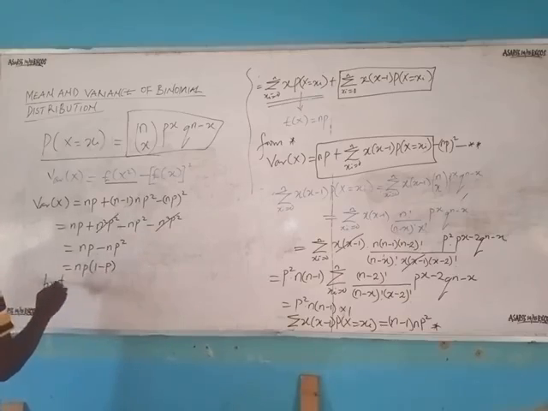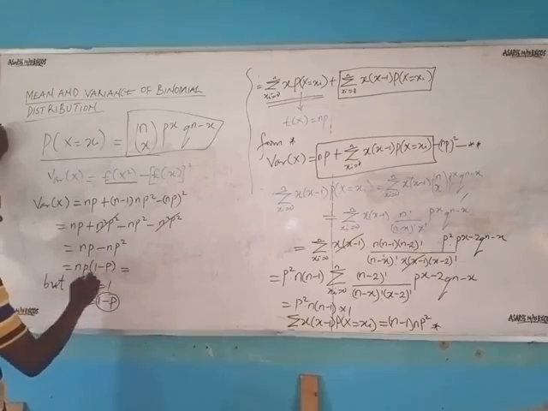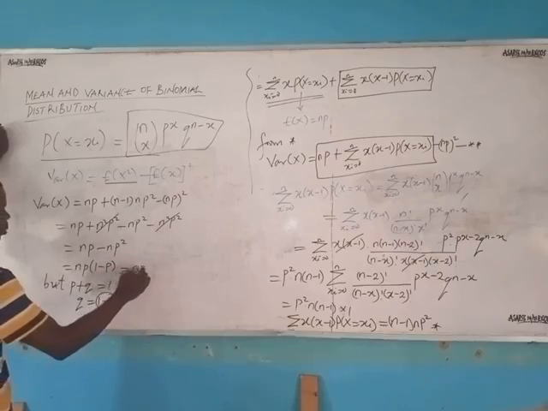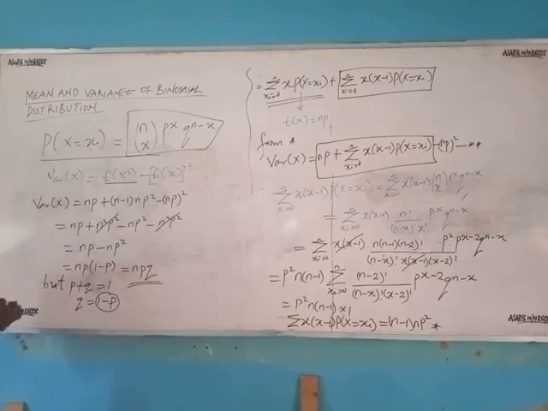But from the parameters in a binomial, we were told that p plus q must be equal to 1, meaning that your q is now 1 minus p. So if you replace everything here, this answer can easily be npq. So that is the answer.